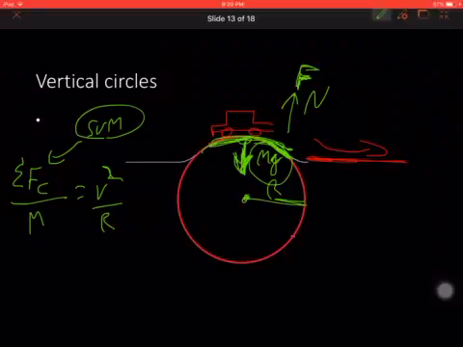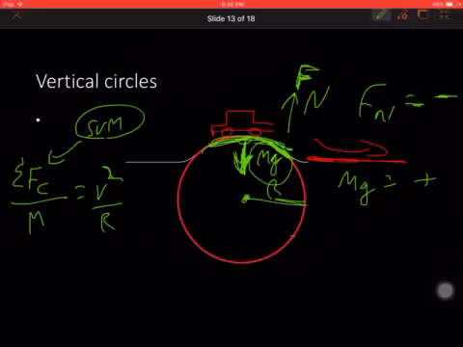You're asked to find the force normal. So mg, pointing towards the center of the circle, would be the positive quantity here. And force normal, which is pointing away from the center, would be the negative quantity.